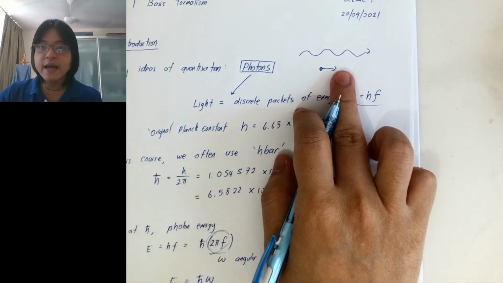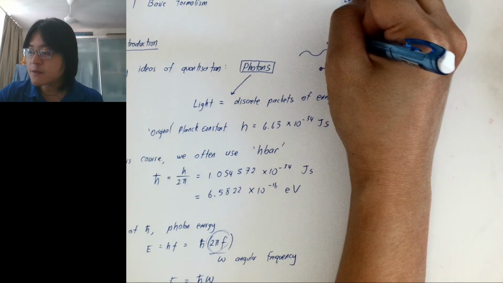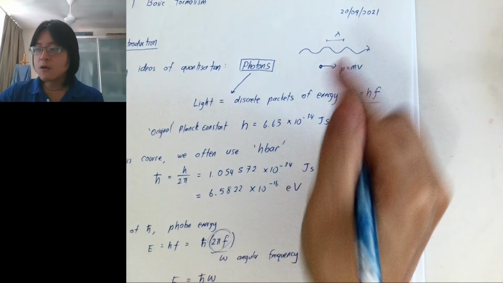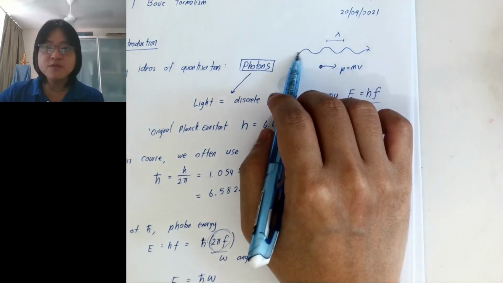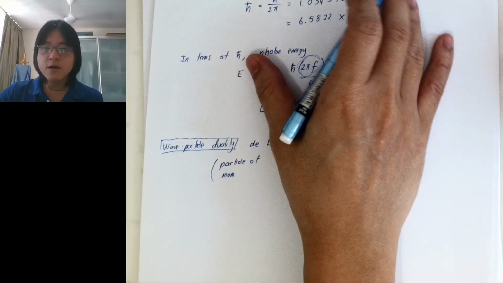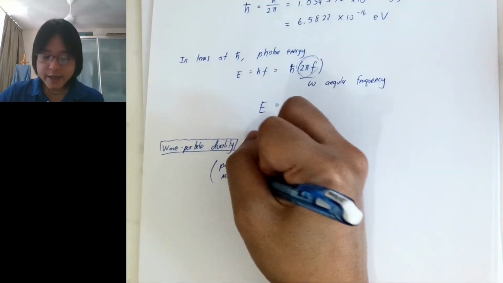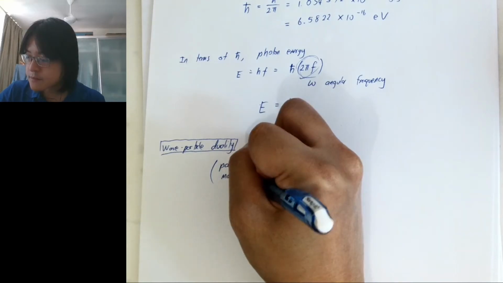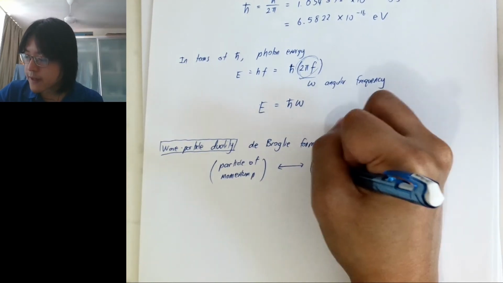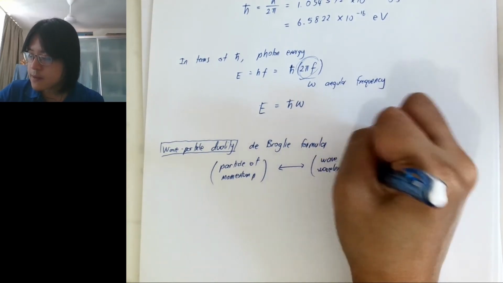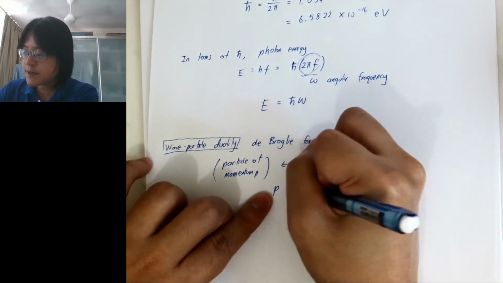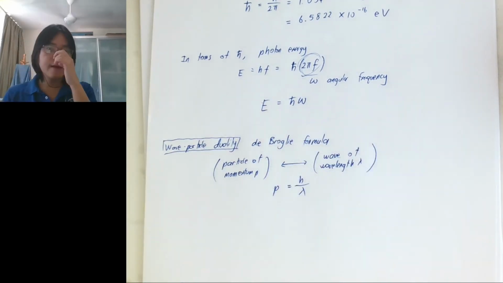A wave description has a wavelength, but a particle has a momentum. According to the de Broglie formula, a particle of momentum p is related to a wave of wavelength lambda. The formula is very simple: p equals h divided by lambda.